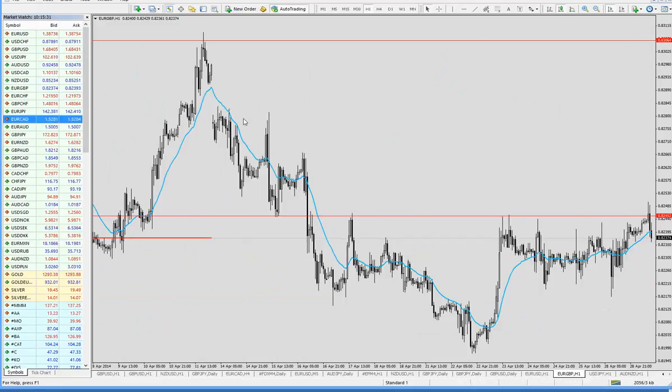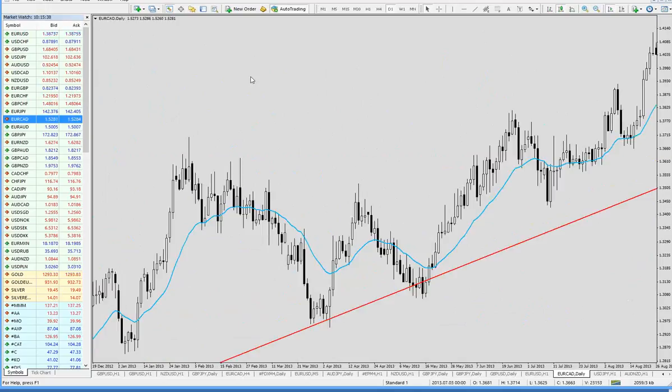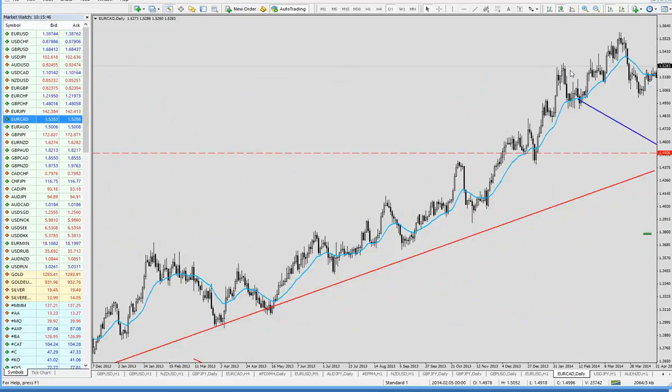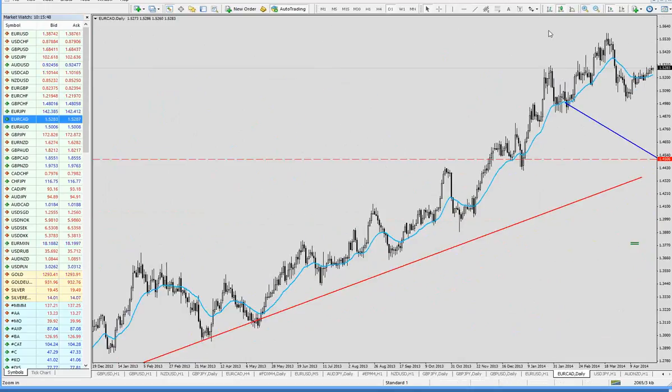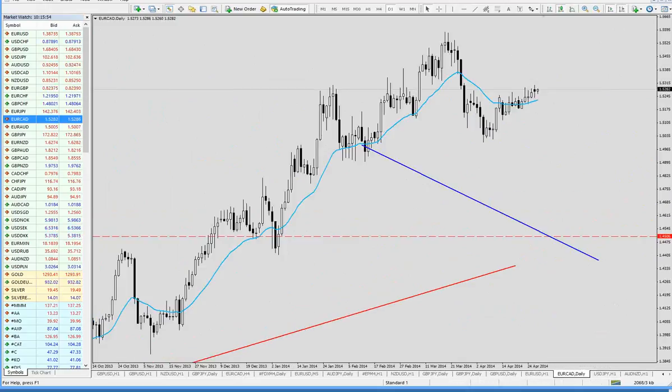Euro Canadian. Okay, overall, definitely we are within the uptrend, but again, we're losing some momentum here. Look at this move to the downside, okay, and that's more like a pullback.